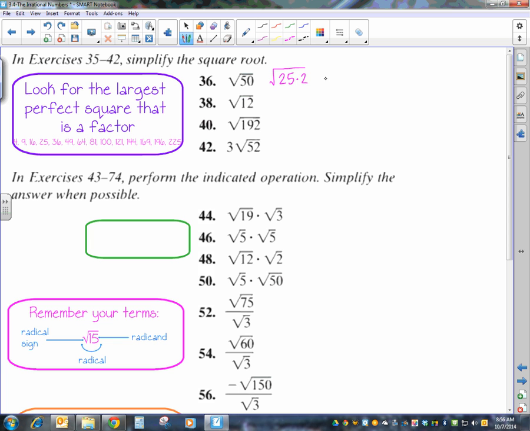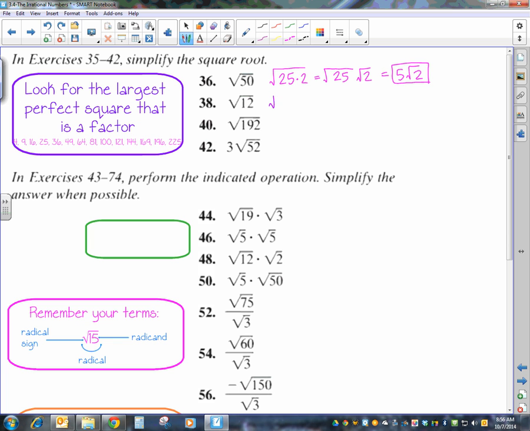As we just saw on the page before with our products, that's the square root of 25 times the square root of 2, and the square root of 25 is 5, so we have 5 square roots of 2.